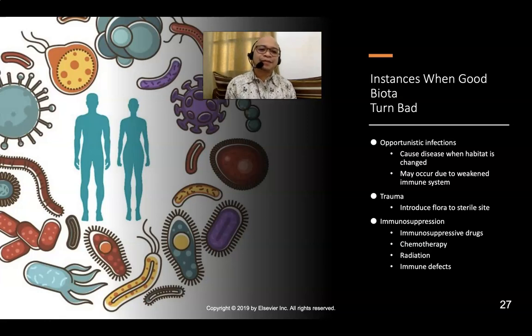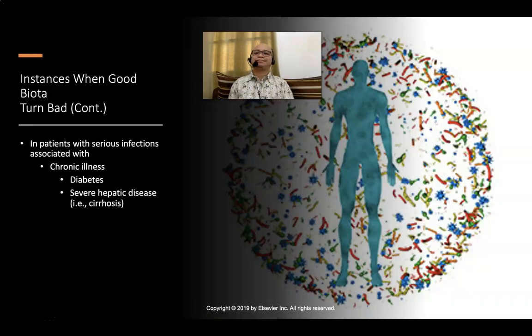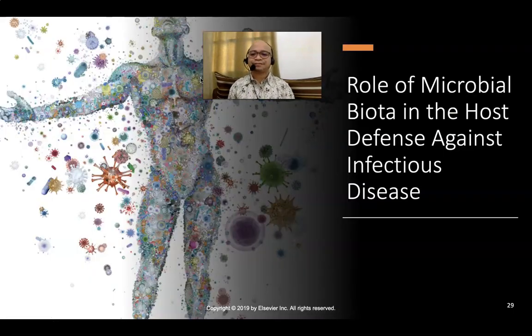Trauma is the introduction of the flora to the supposedly sterile sites, and then there is immunosuppression. This is what I told you a while ago: immunosuppressive drugs, chemotherapy, radiation, and even immune defects. In patients with serious conditions such as diabetes or severe hepatic disease such as cirrhosis, the normal microbiota will become opportunistic.